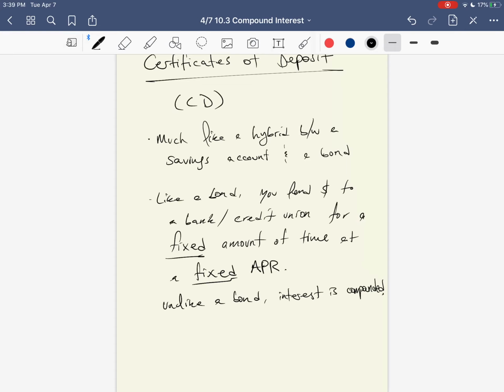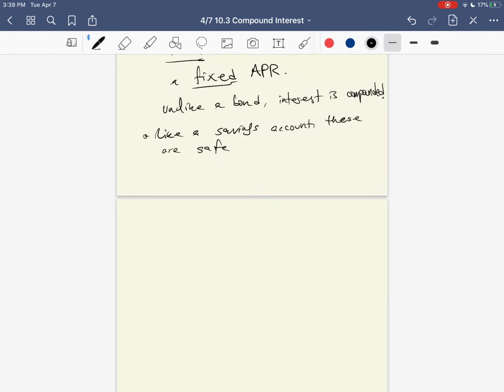It's also kind of like a savings account in the sense that these are safe. And by safe, I mean to say they're guaranteed by the government. And moreover, they're at a higher rate of return.